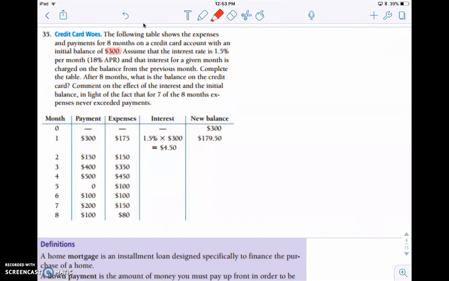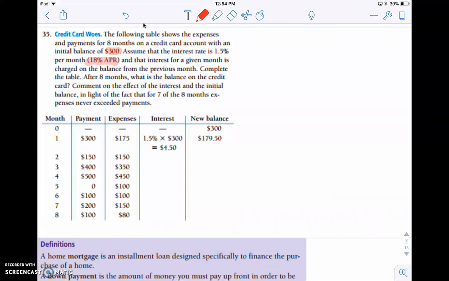We want to assume that the interest rate is 1.5% per month, which, if you times that by 12, is 18% APR. The interest for a given month is charged on the balance from the previous month. We're going to complete this table and find out after 8 months what the balance is on the credit card.